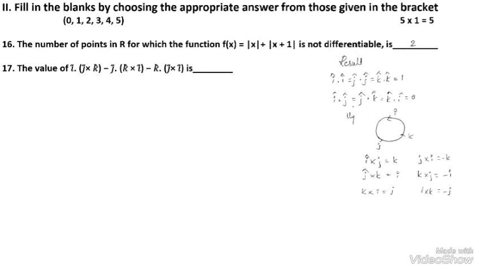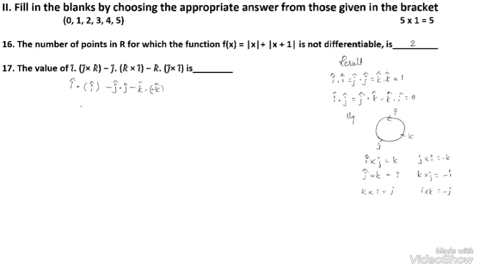By using these results, apply here. Now I can solve. i cap dot j cross k, j cross k is again i cap, minus j cap dot k cross i. k cross i is j, minus again k cap dot j cross i. j cross i is minus k cap.